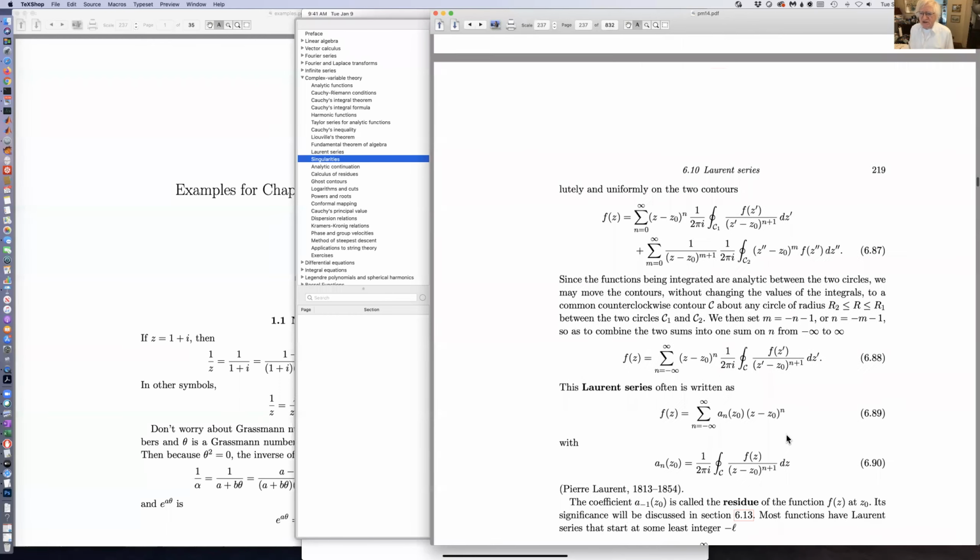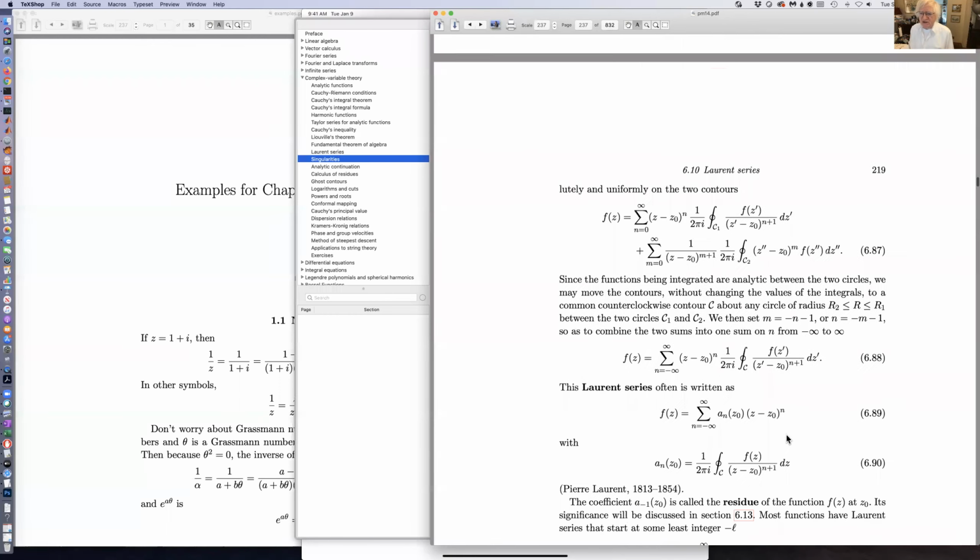Now, actually, the usage that's more common is that a sub minus 1 is called the residue of the function at Z0. And we'll see why that one is particularly noteworthy a little bit later. Notice that these residues, a sub minus L, you can often get if the series goes from minus L to infinity, by taking the limit of z minus Z0 to the L times f of z as z approaches Z0.